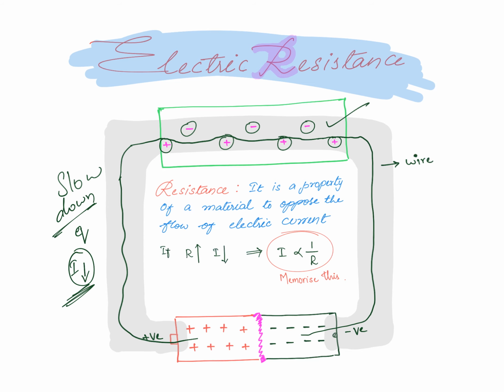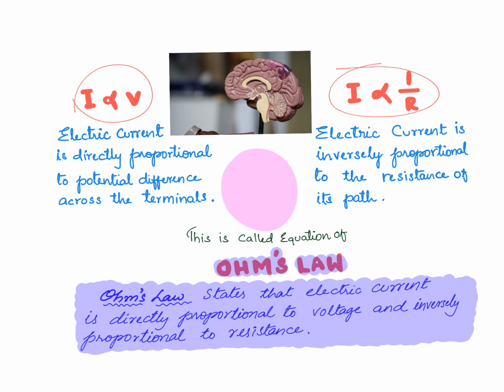Okay, is it clear? Here is a slide which brings the two terminologies, that is I proportional to V, which we have learnt in part 1, and just before this slide we have learned that I is inversely proportional to R, isn't it? If we combine these two, that is I proportional to V and inversely proportional to R, see, inversely, that should come in the denominator, isn't it?